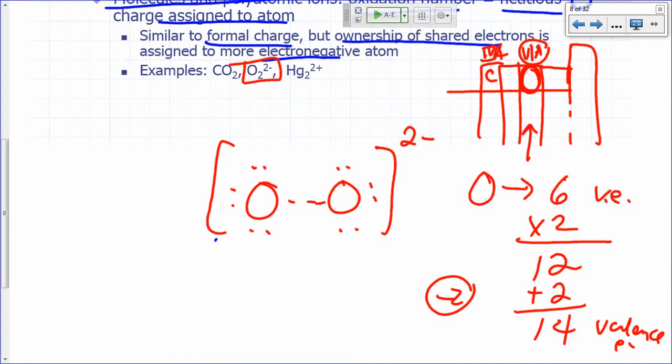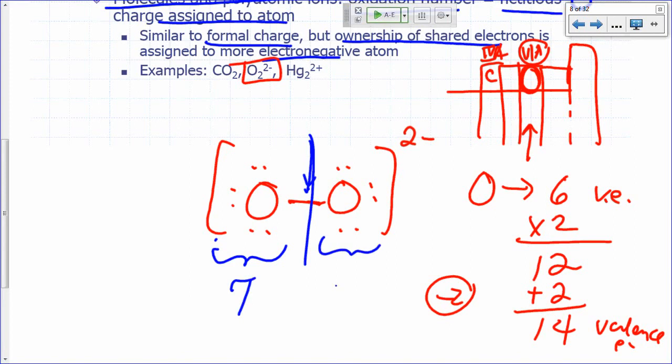So based on this Lewis structure, what is the oxidation number of oxygen? Well, which one's more electronegative, oxygen or oxygen? Neither one, right? So we cannot assign ownership of these 2 electrons in between to either one. They have to be split 50-50. So if they split 50-50, how many electrons does this oxygen appear to own? 7.